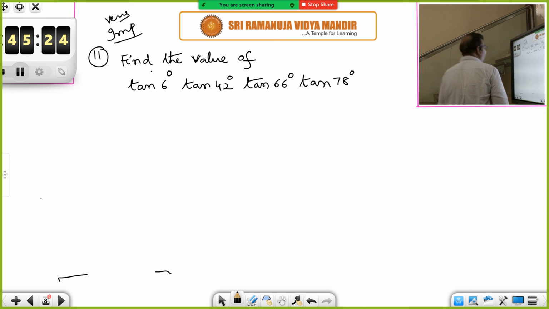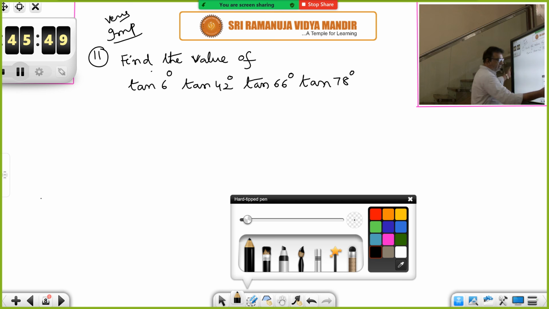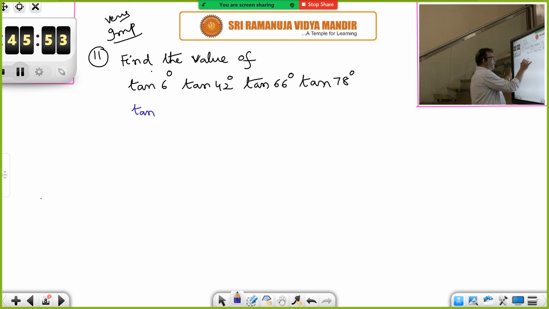So it is the product of 4 factors. We don't know the value of any factor. Tan 6 degrees we don't know, tan 42 also we don't know, tan 66 we don't know, tan 78 also we don't know. But we will solve it by using the formula just now we have derived. Come on, Prabhas, what is the formula for tan A?